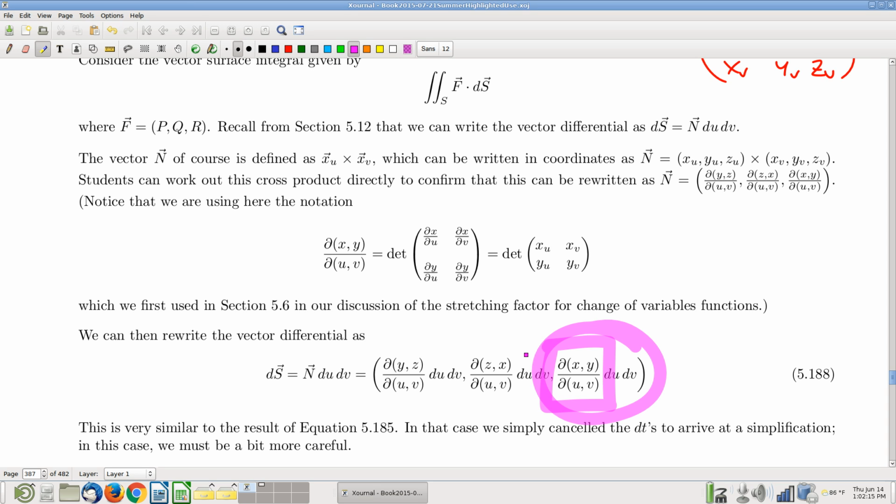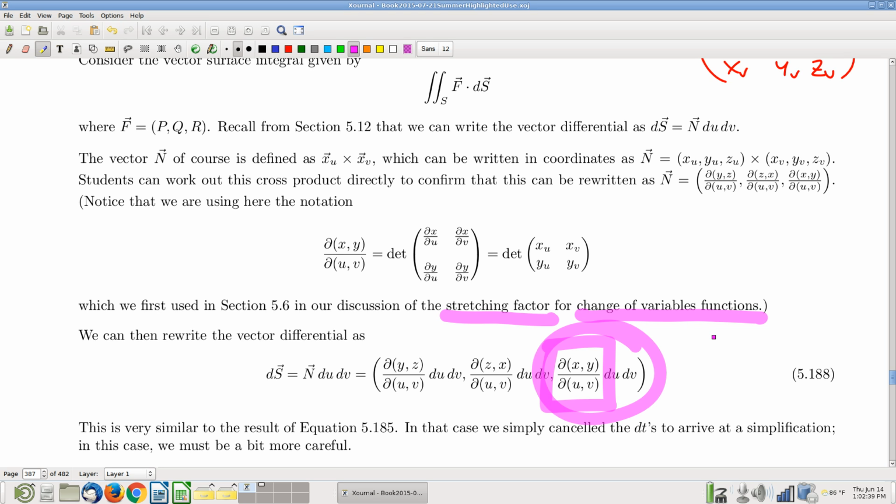You see this notation here, partial xy, partial uv. Where did we previously use this notation? We used that previously in thinking about stretching factors for change of variables functions. So this makes us curious: can I think of x and y as being functions of u and v?